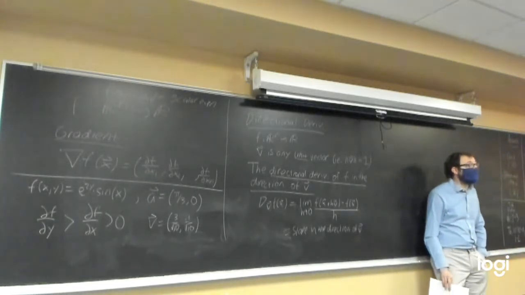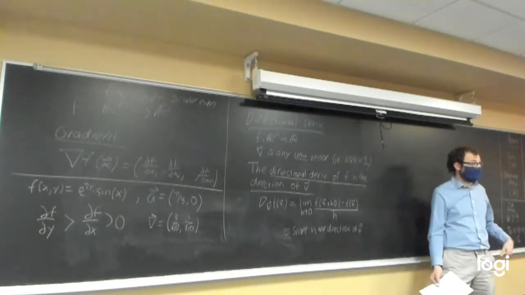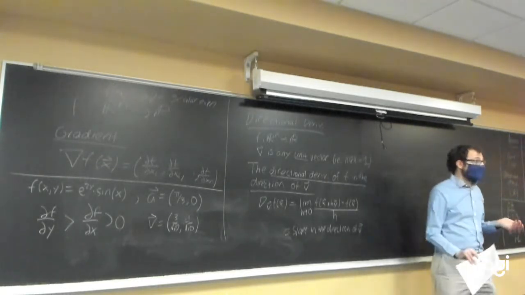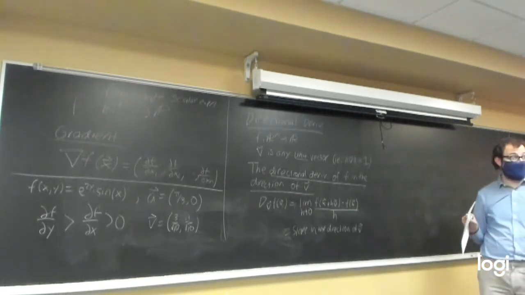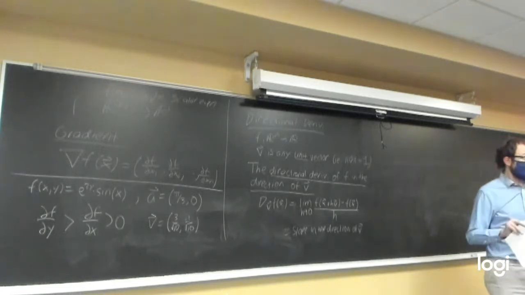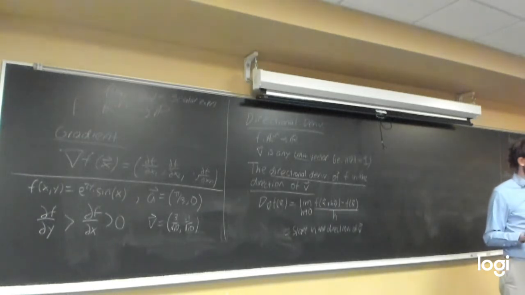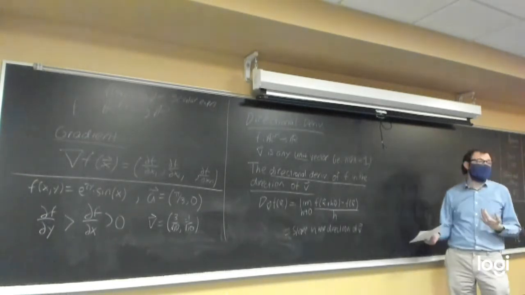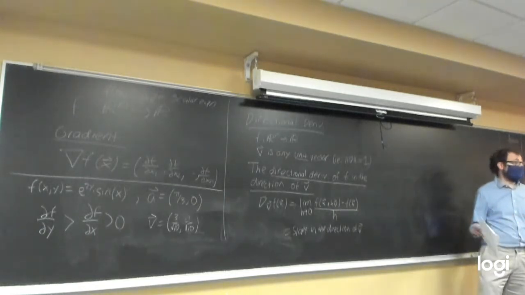So directional derivative is going to give us a nice way to generalize the idea of taking first order partial derivatives. If we take del f del x, that's going to tell us the slope if we were to travel just in the positive x direction. If we have del f del y, that tells us the slope if we travel in the positive y direction. But the directional derivative allows us to say what's the slope if we were to travel in any direction.